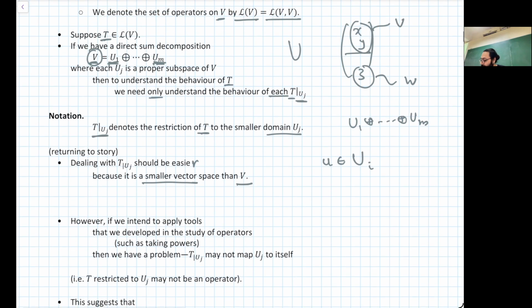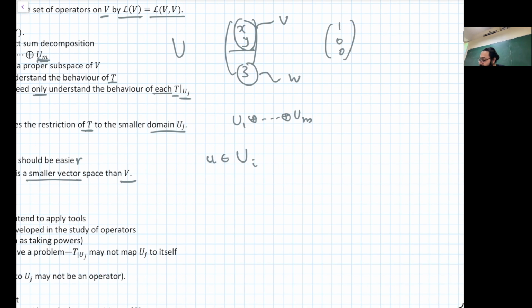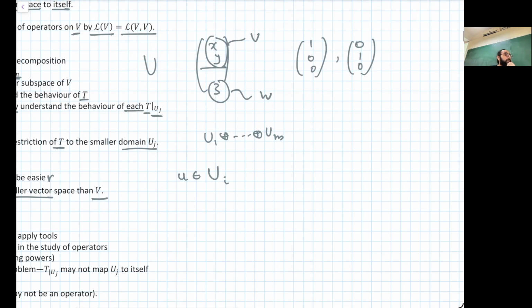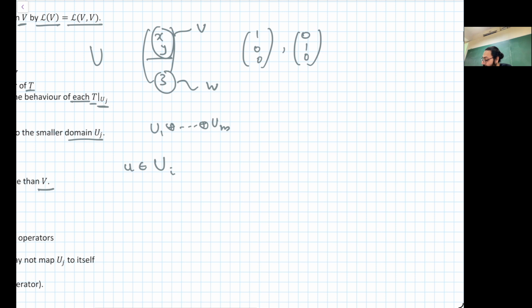Like for example here, we had (1, 0) and we had (0, 1, 0). First of all, is the question clear to everyone? The question that Manan asked was the following. Suppose that u is a vector in one of these U_i, does u necessarily have to be a basis vector? That's the question.